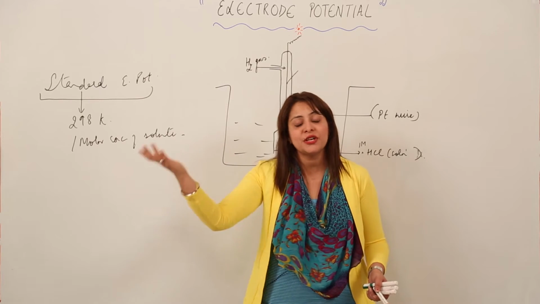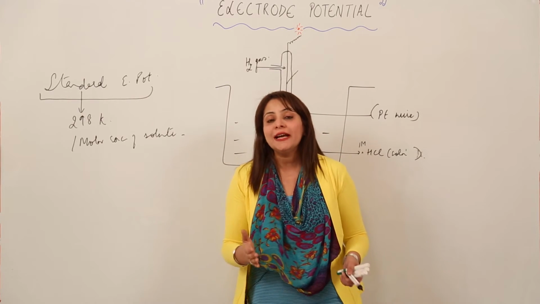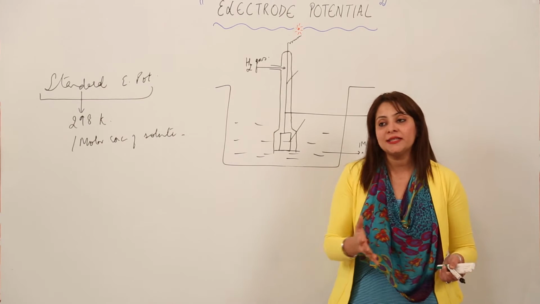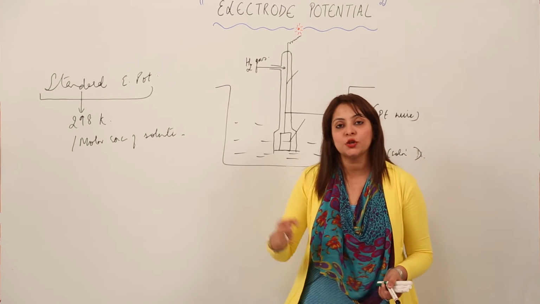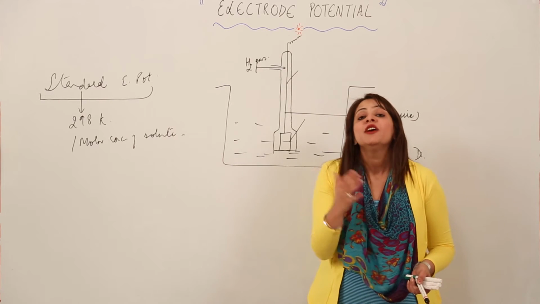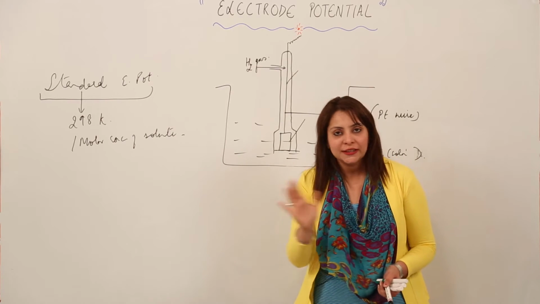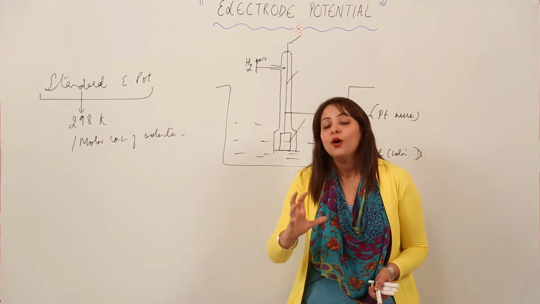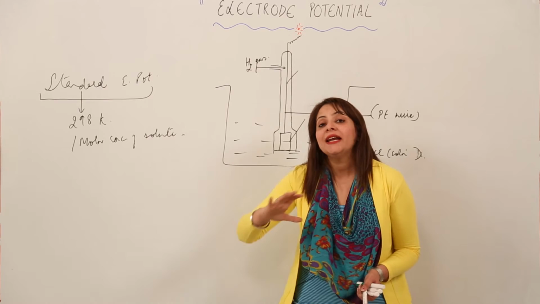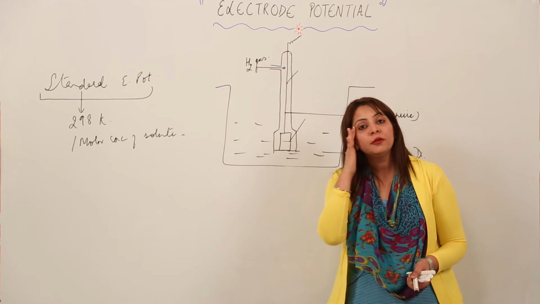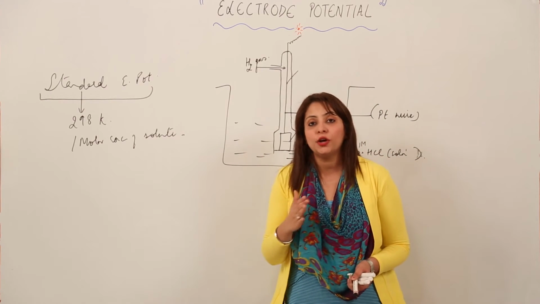If we want to know that this electrode is going to act as oxidation half cell or reduction half cell, we need to know its electrode potential. After knowing the electrode potential value, it will be clear that it is going to act as anode or cathode.